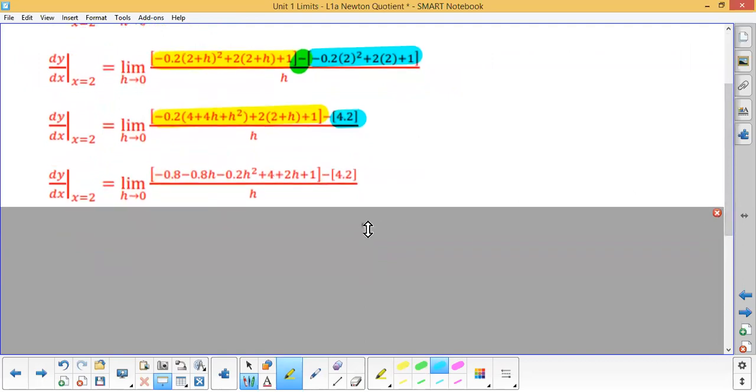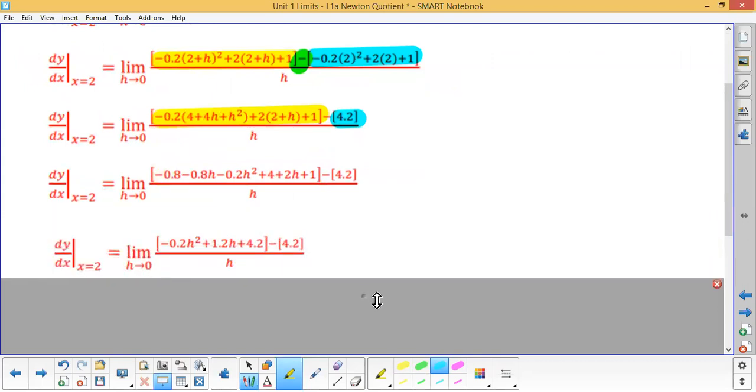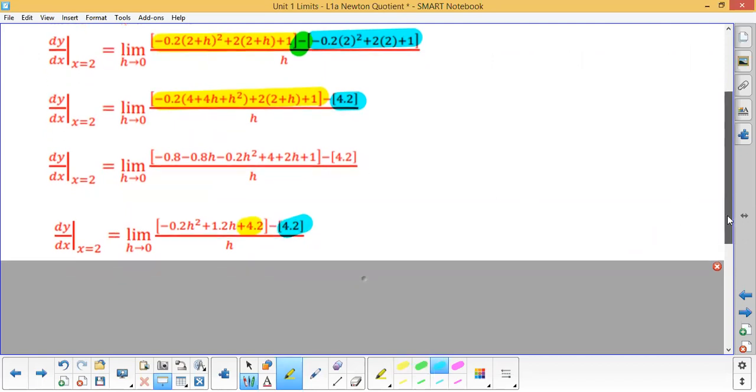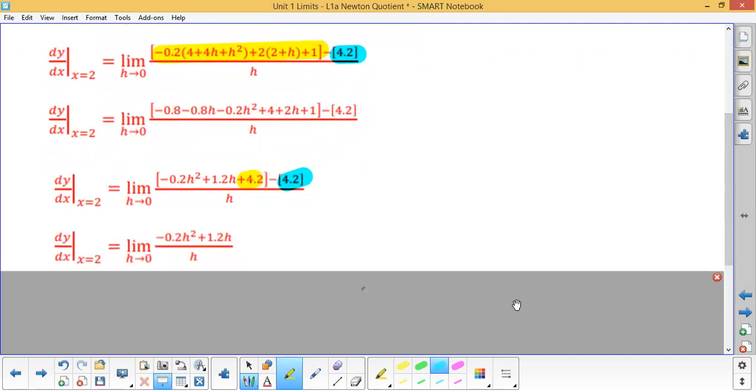But once I've done that, I can get rid of the overall square brackets as I simplify further. Now notice that the positive 4.2 eliminates with the negative 4.2 once I distribute that subtraction sign. So the whole purpose of this is to keep going until you have a simplified equation.